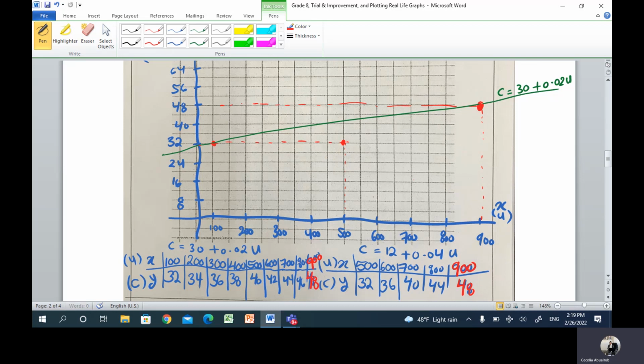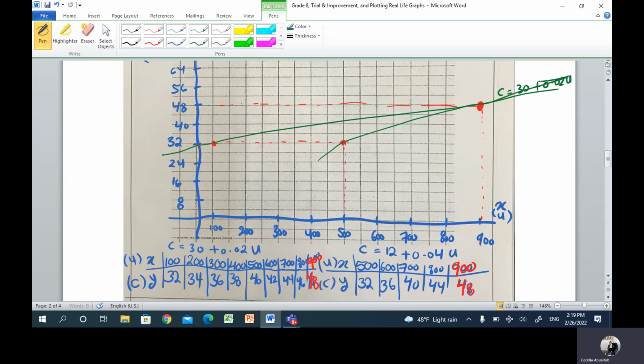Have you noticed that this point, the x and the y, are exactly the same for the first equation and the second equation, for the first company and the second company, which means that if I connect this point with this point using a ruler, they're going to meet at this point, right?